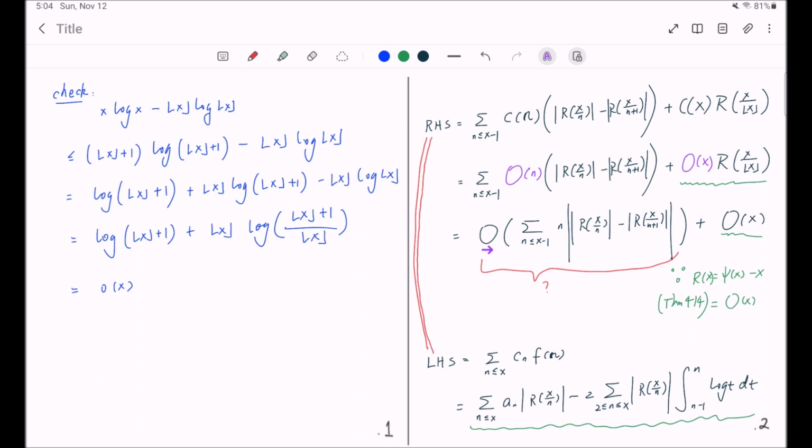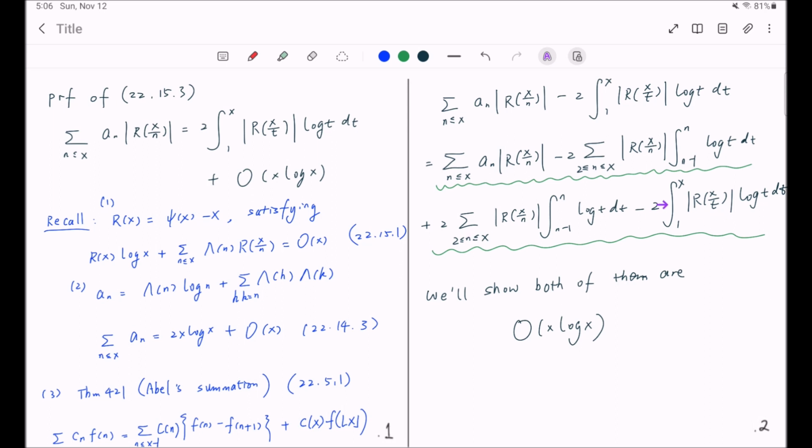Later we'll prove the thing with a question mark is equal to big O of x times log of x. So the first part is big O of x times log of x. But now let's leave this alone and look at the other part.